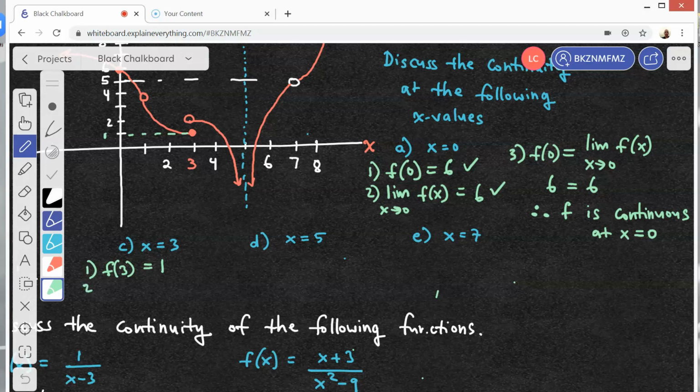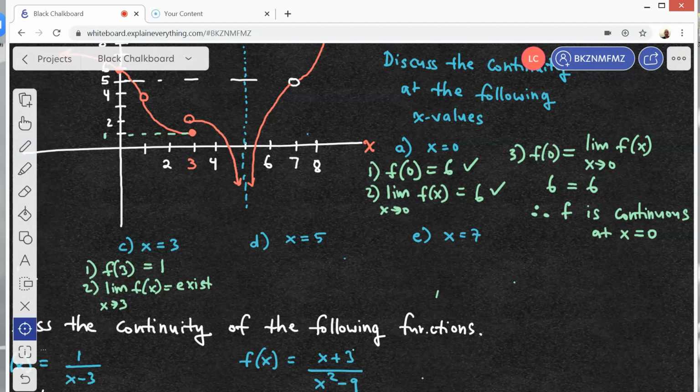Number 2. Does the limit at x equals 3 exist? And the answer to that question is, let me get my pointer for you. From the left side of the graph, the limit is approaching 1.